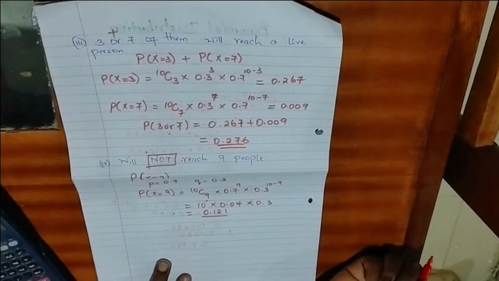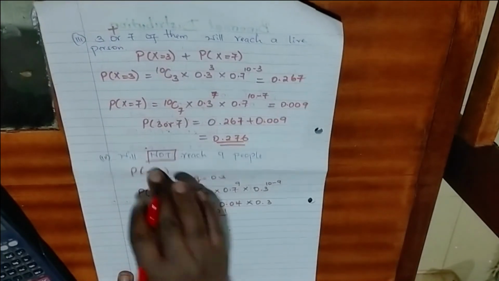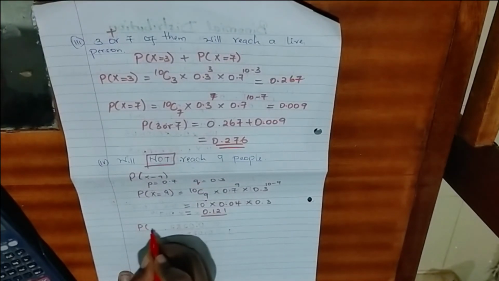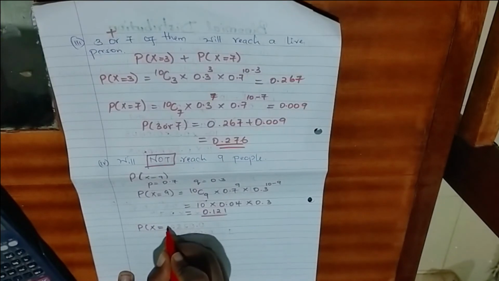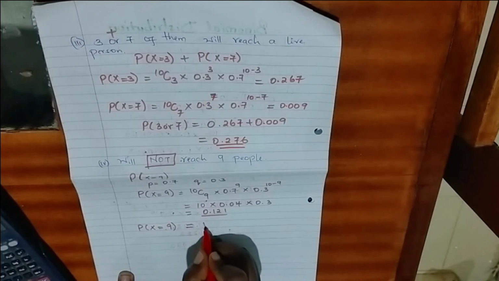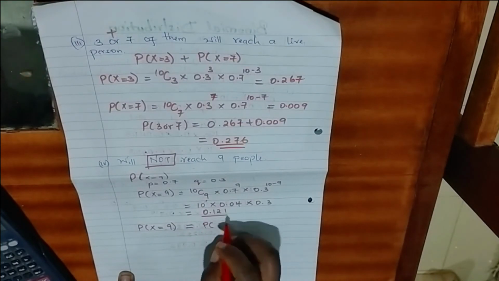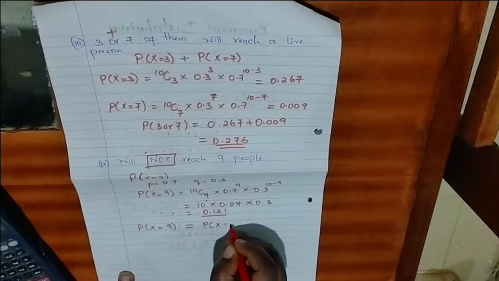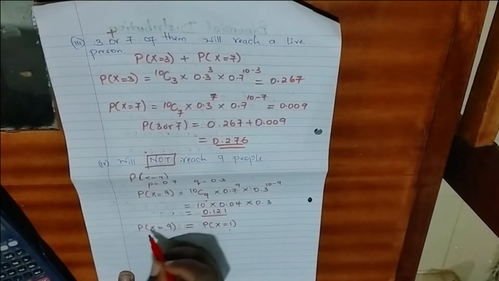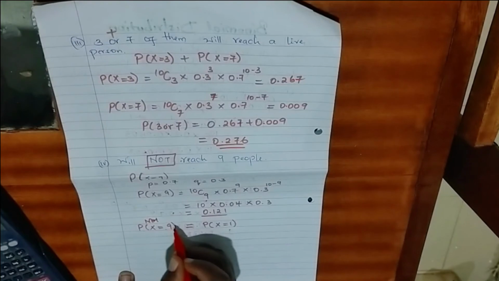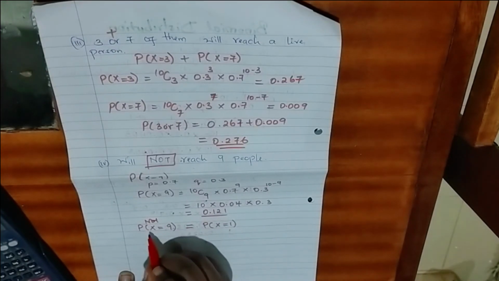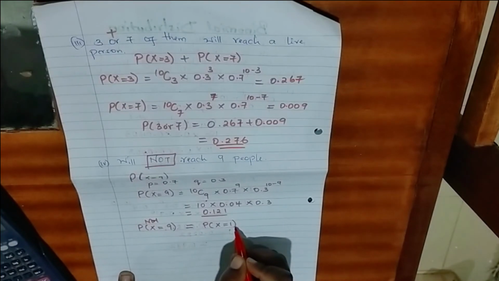So that is one way we could do this, but again we could also flip this over. The probability of not reaching 9 is equivalent to the probability of reaching 1. If you do not reach 9, it means you only reached one person.